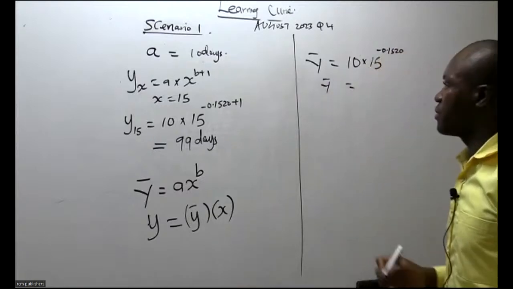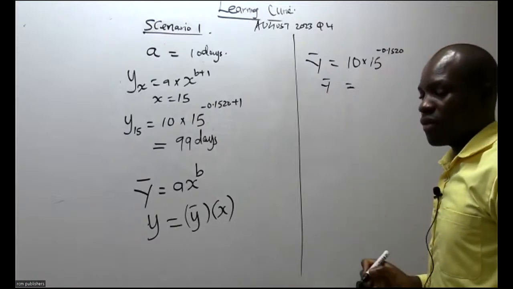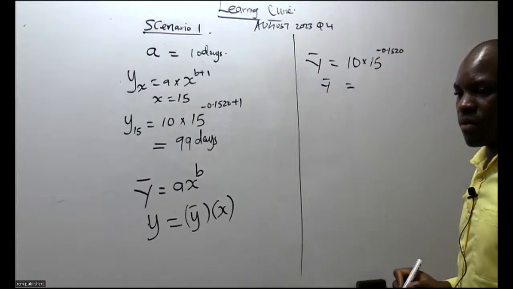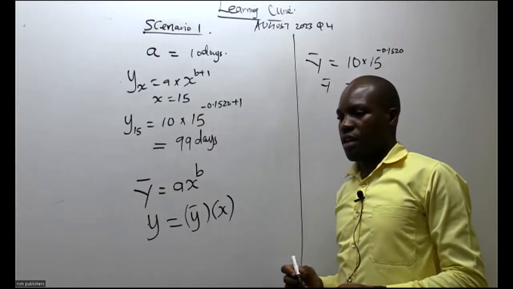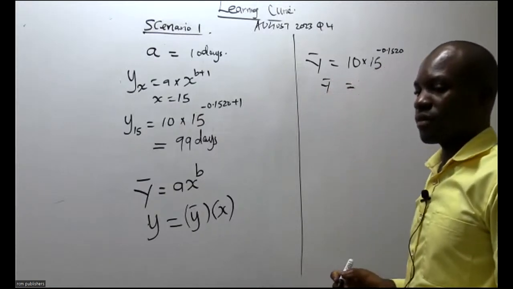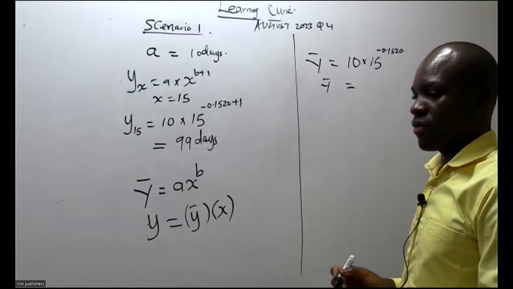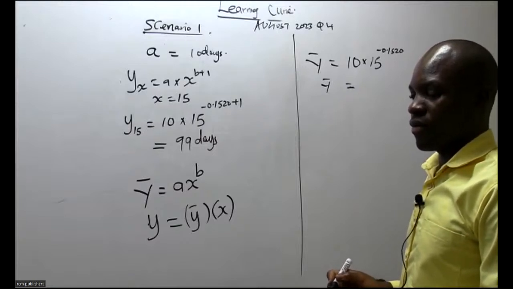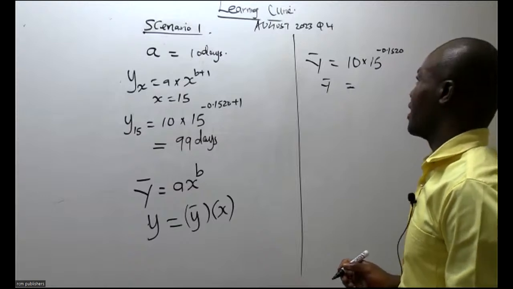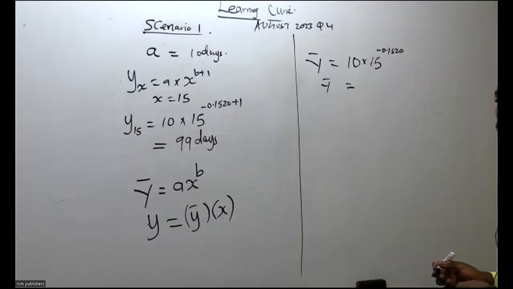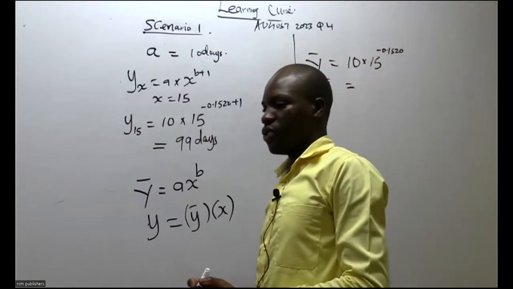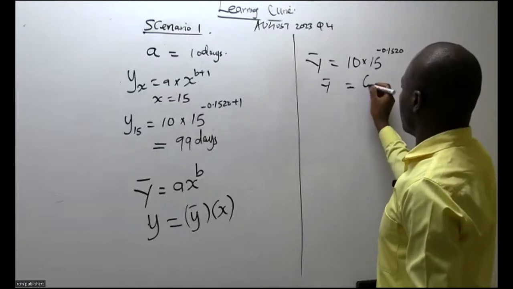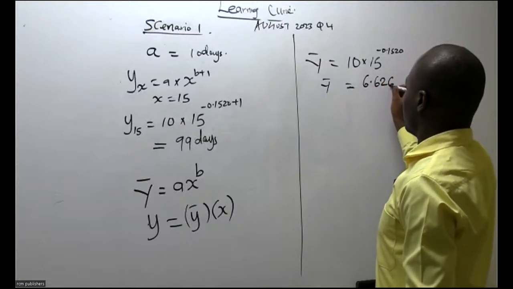Unapata ngapi hiyo average? Average tunapata ngapi? Time is not on our side. 6.626.